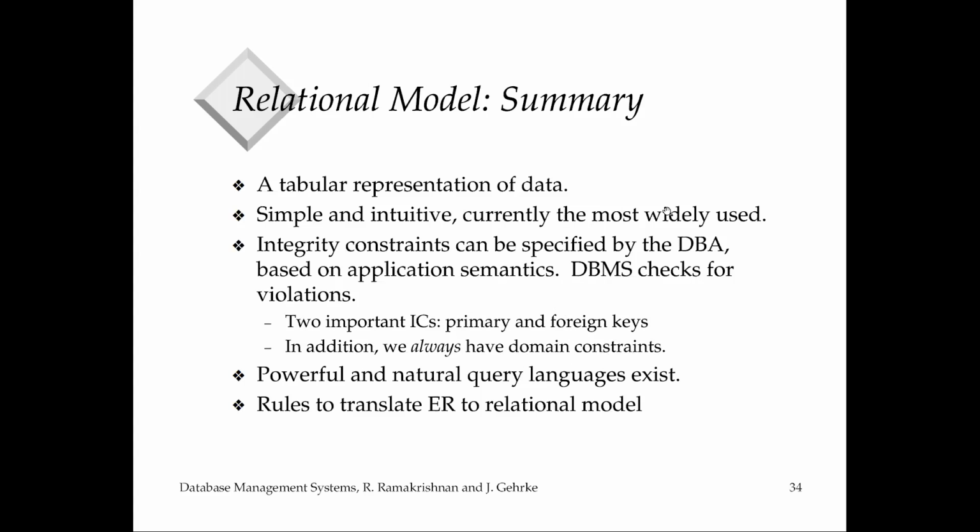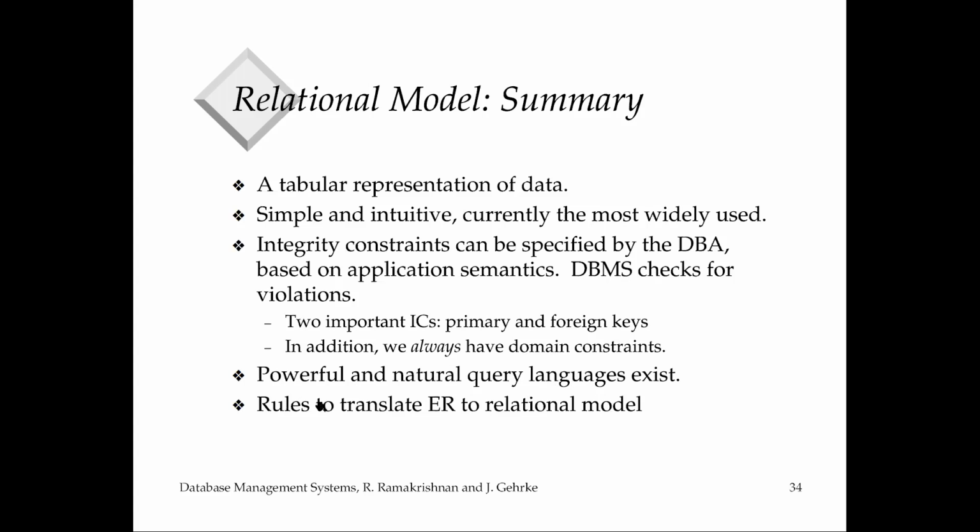There are also constraints that you can do. Let's say you can say for the age field, I will only allow between maybe 15 and, say, if you're looking at mature entry, I guess you can say I only want between 35 and 80 or something like that. So you can write a constraint that enforces the range of values that are allowed in a particular field. And then it's a very powerful and natural query language.